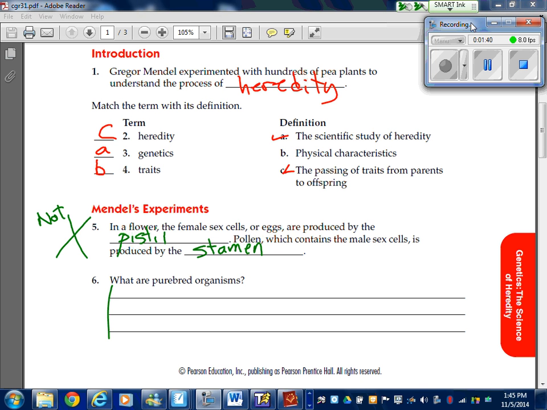Okay, purebred, which we will talk about. Purebred organisms are what? Okay, and so purebred organisms are the ones that Mendel called true breeding. So generation after generation, you see the same traits.